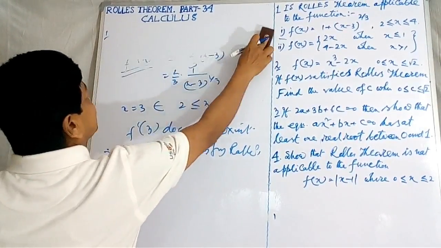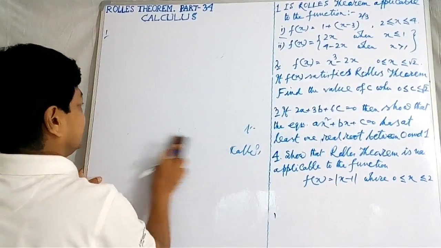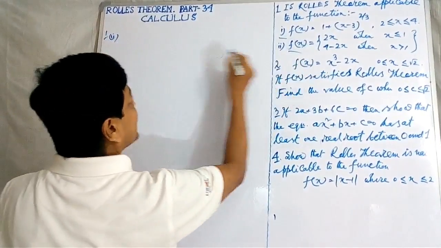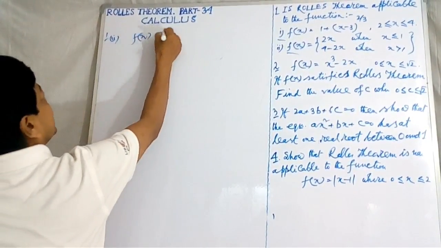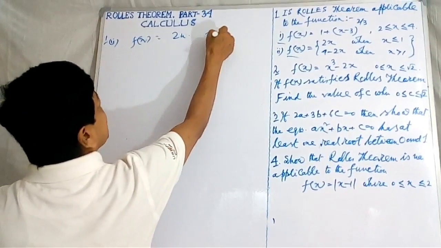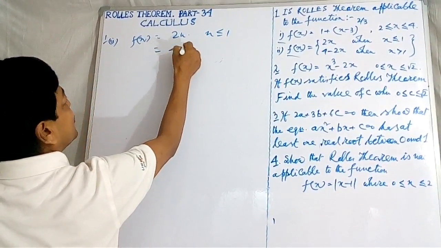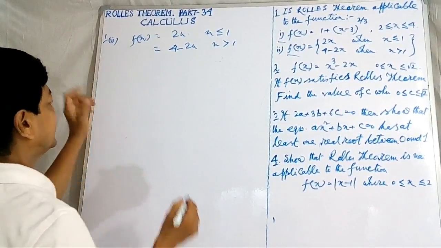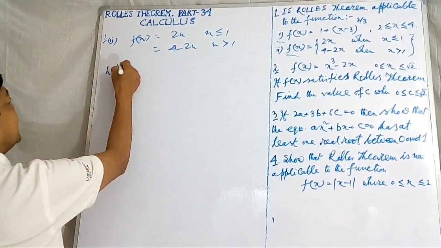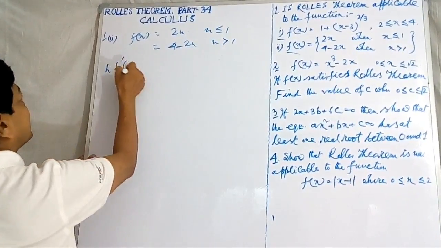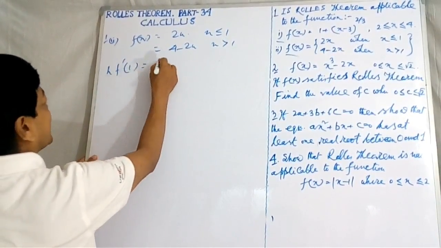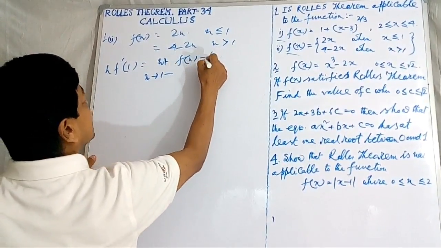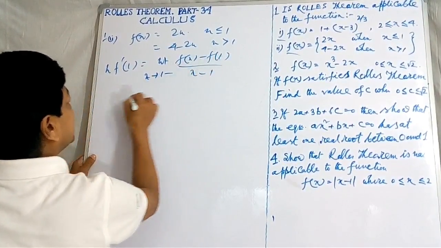Then number 2. f(x) equals 2x for x less than or equal to 1, and equals 4 minus 2x for x greater than 1. Now we have to test the left hand derivative at 1. Lf'(1) is the limit as x tends to 1 minus of (f(x) minus f(1)) by (x minus 1).